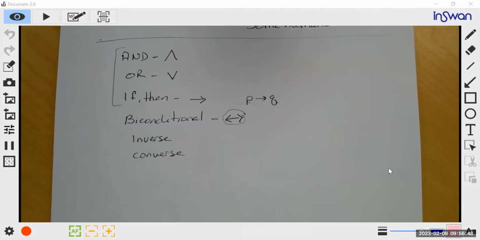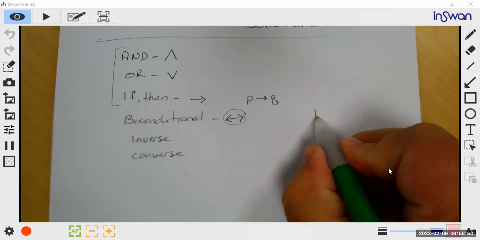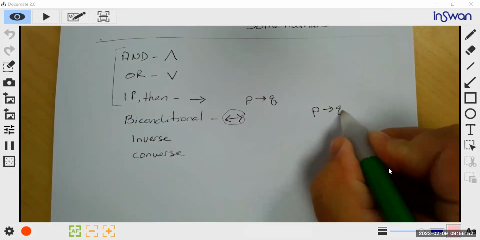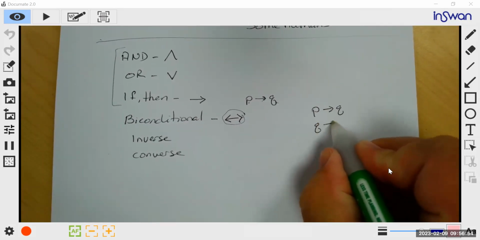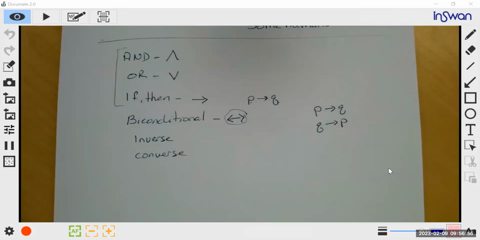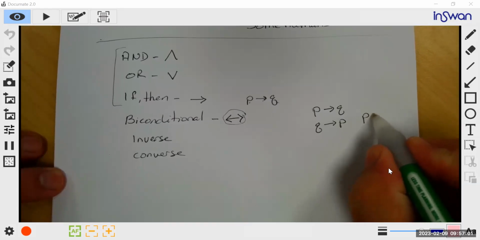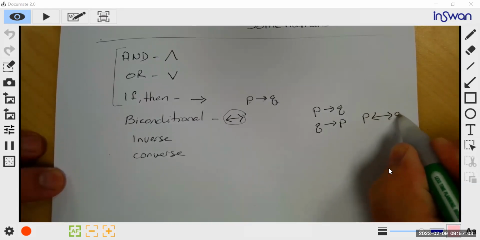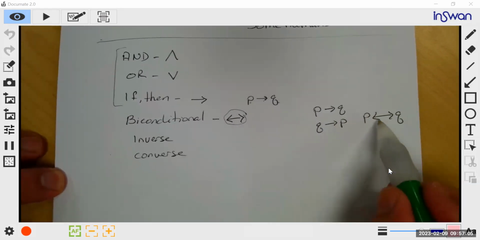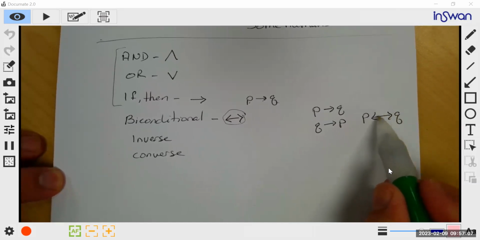Two conditions. What do you think the two conditions are? If P, then Q, and then if Q, then P. That's how come a biconditional looks like this. If P, then Q goes that way. If Q, then P goes this way.